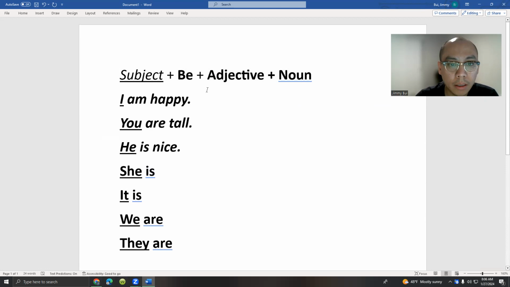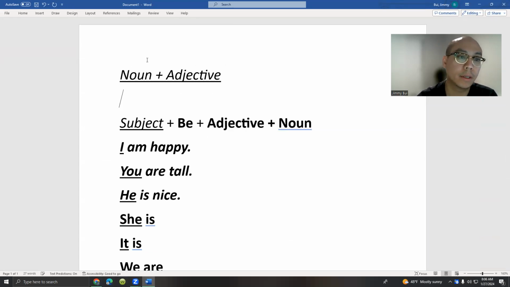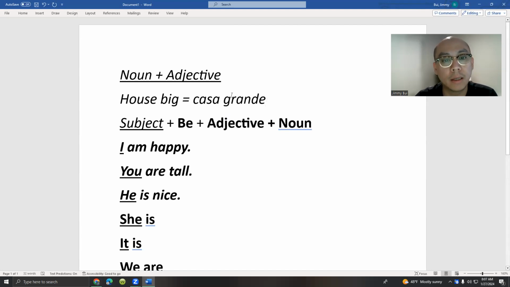Okay. And when we have adjectives, different from most native languages, where nouns come first. In most languages, okay? What that means is house big, in Spanish, would be casa grande. But in English, we put the adjective first: big house.